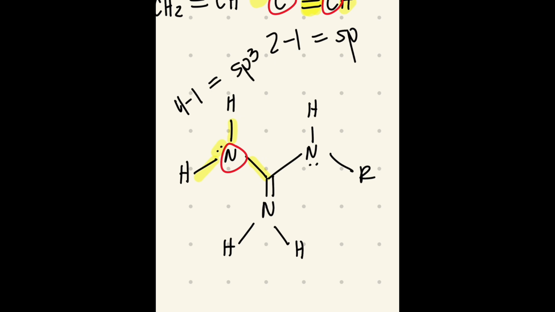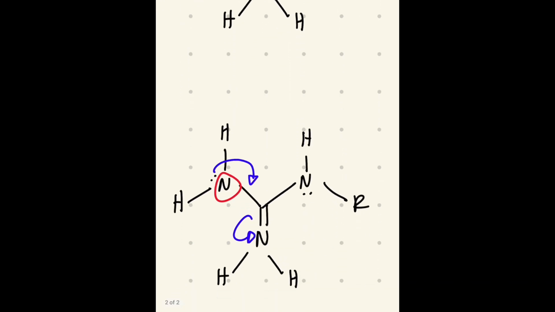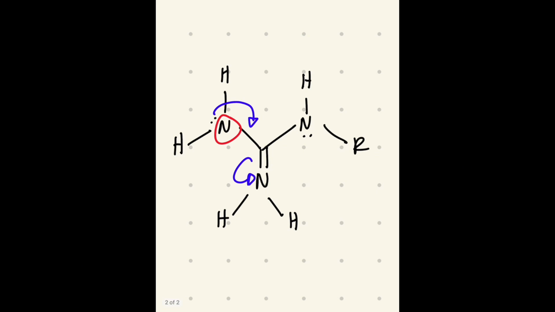But that's wrong. And the reason that is wrong is because that nitrogen has resonance, which looks like this. Meaning that we would get a double bond here, and then this nitrogen would get these lone pairs. So in reality, we have 1, 2, 3.